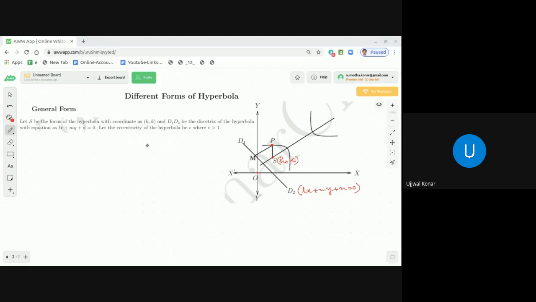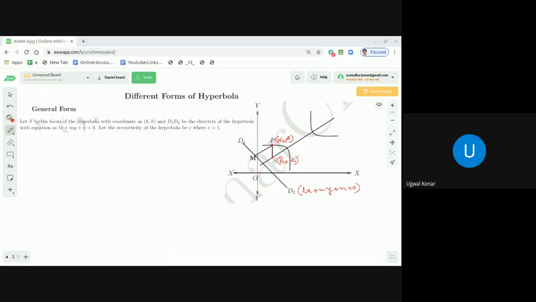Now let us take a point P on the hyperbola with coordinates alpha comma beta. Alpha and beta are variable. When we establish the relationship that SP by PM equals E, after that we need to replace alpha by x and beta by y to find the locus of the point.